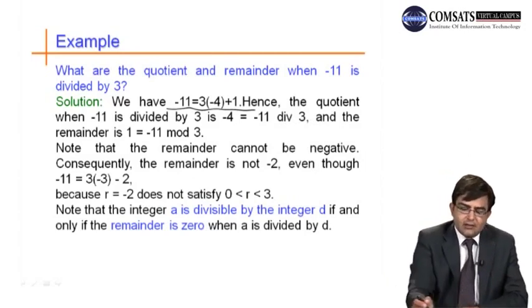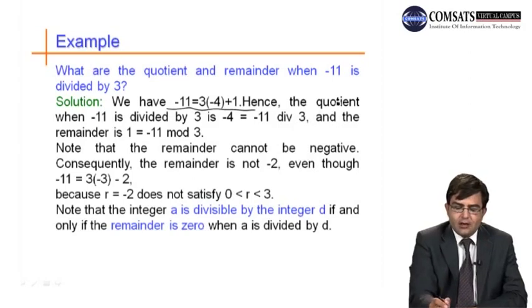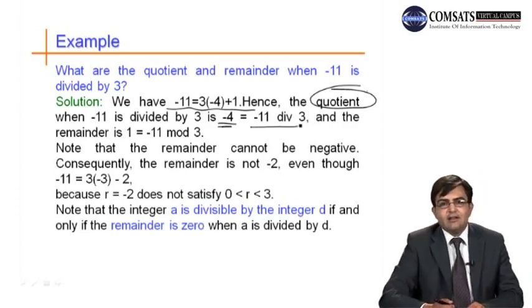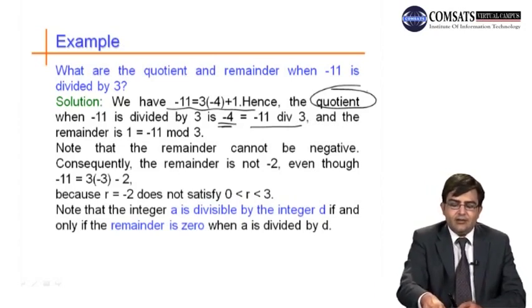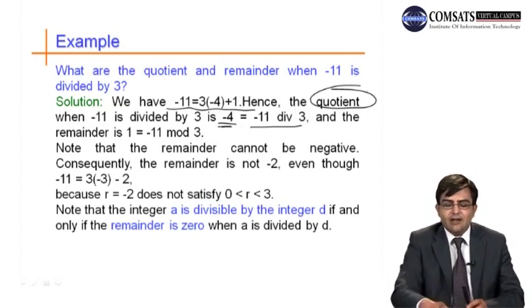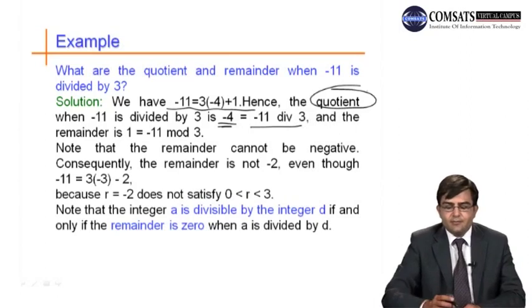So how do we write the quotient? The quotient is minus 4, and we write it as minus 4 is equal to minus 11 div 3. Basically, if we divide minus 11 by 3, we get minus 4 as the quotient, and we write it as this.